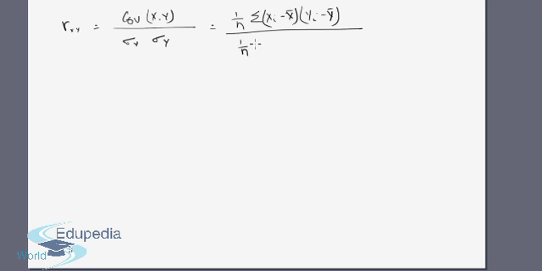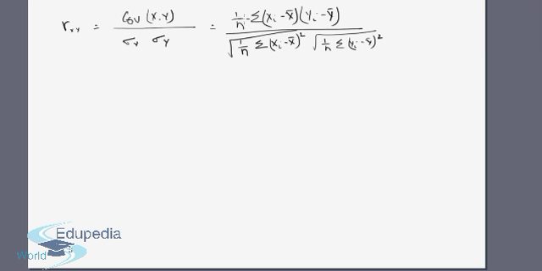We already know the formula. It's root of 1 over n summation xi minus x bar square times root of 1 by n summation yi minus y bar square.